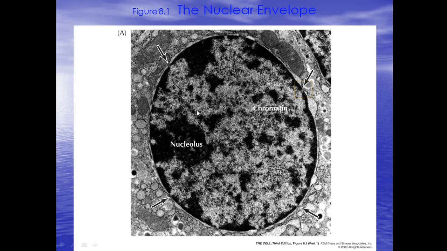These are all nucleoplasm in which you can see the chromatin fibers. And on the surface of the nuclear envelope, you can see minute openings, pores. Can you make out here? Wherever there are arrows shown, these openings are known as nuclear pore complexes. Nuclear pores are regulated by protein complexes.